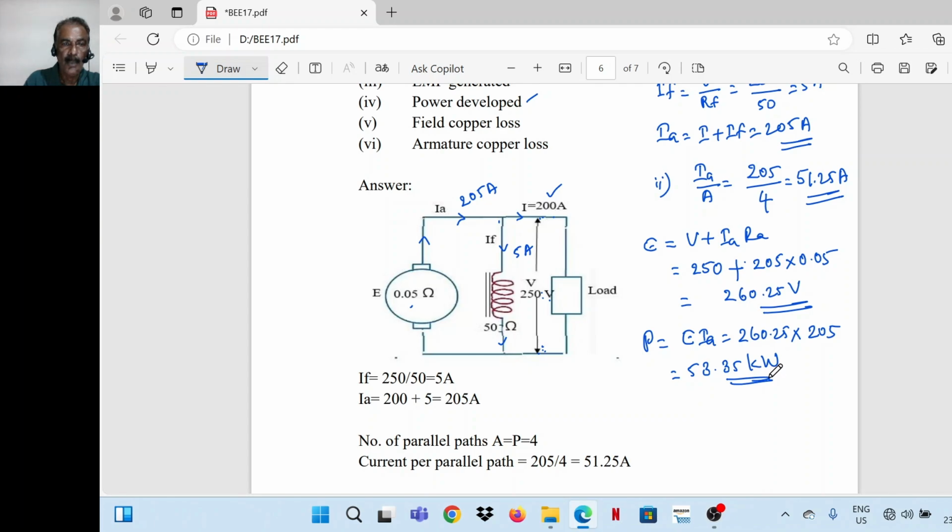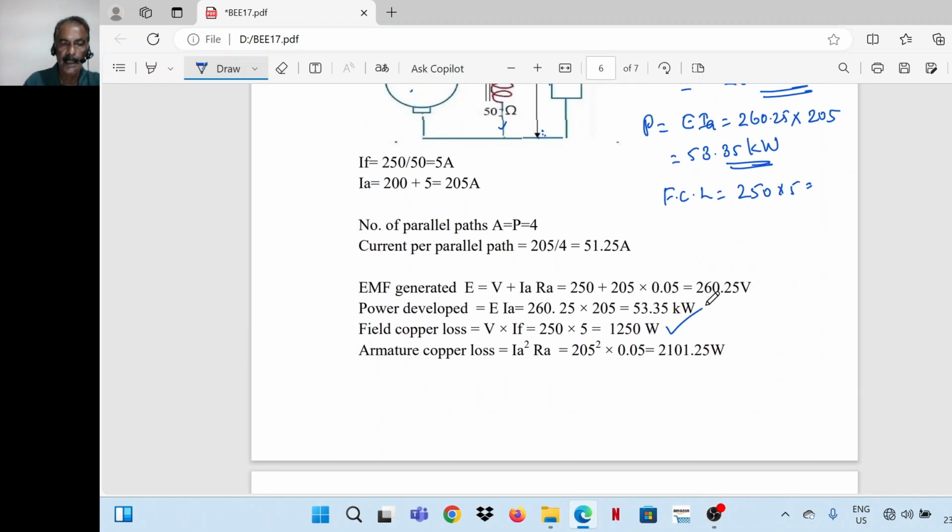Next is field copper loss. Field copper loss is voltage across the field into field current. That is, voltage across the field winding is 250 volt. Current is 5 ampere. So field copper loss is equal to 250 into 5, that is 1250 watts.